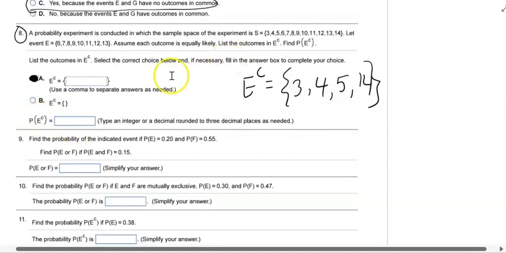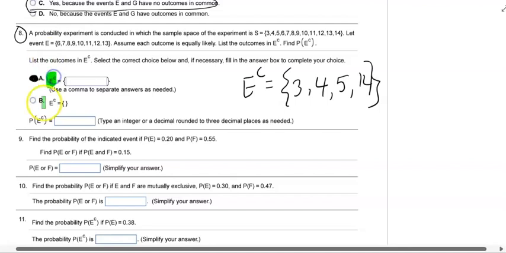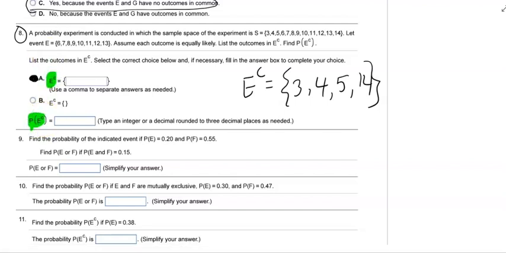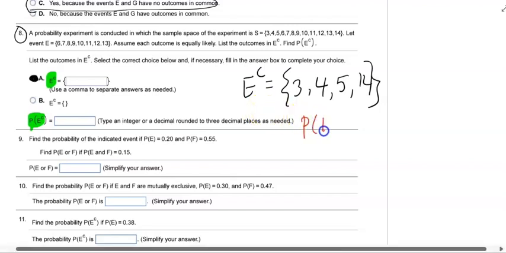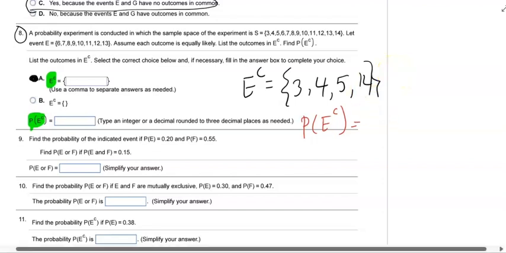Now, second question is find probability of E complement. Notice that this is find E complement, this is find probability of E complement. Look at the P in the front. Therefore, the probability of E complement is how many on E complement? 1, 2, 3, 4. 4 divided by how many on the sample space?